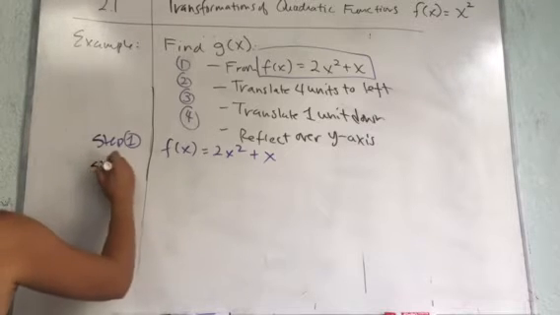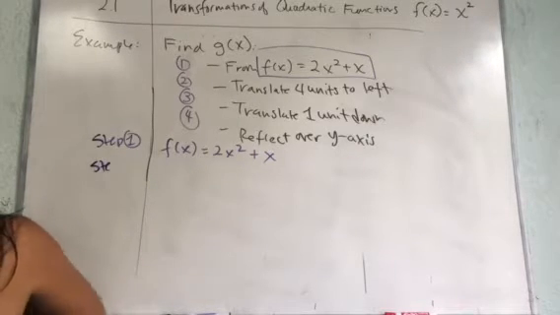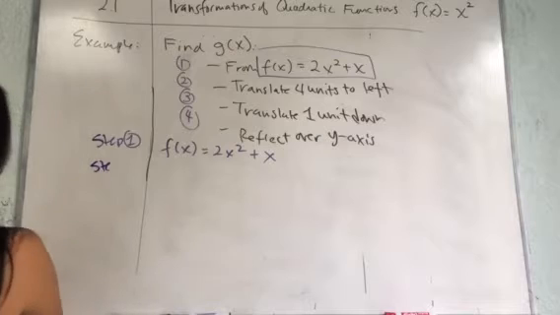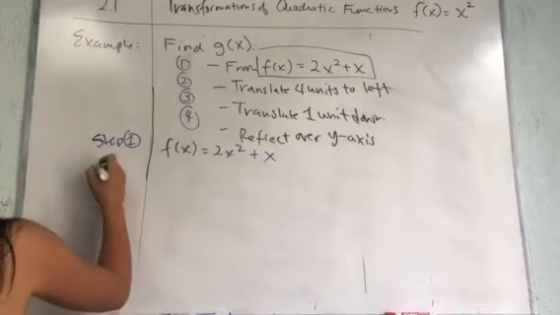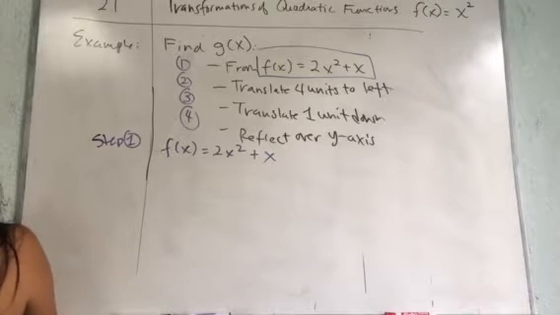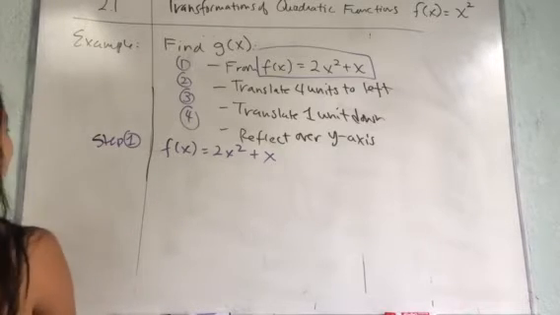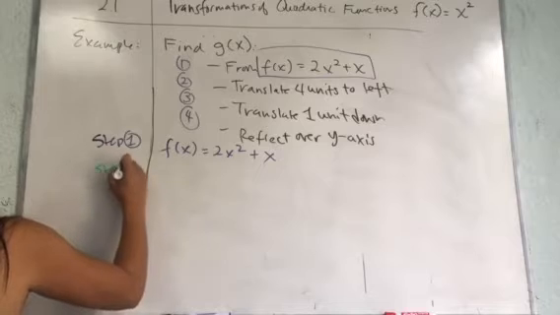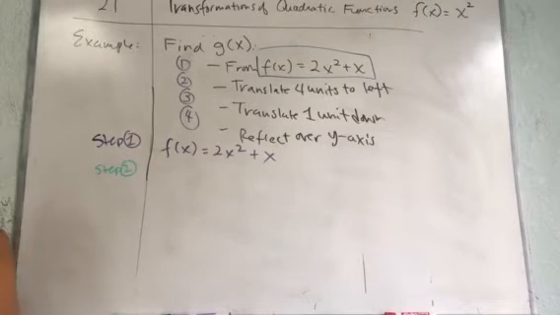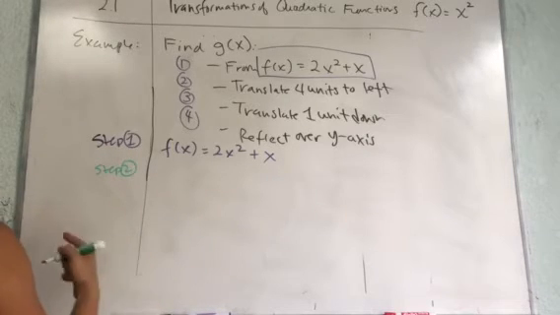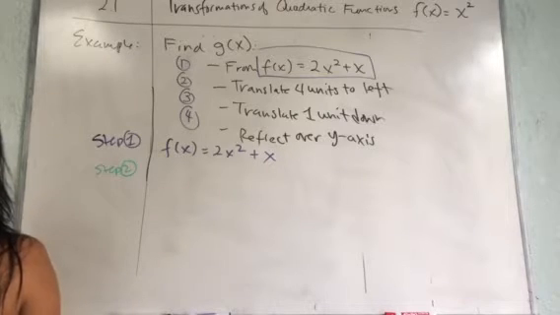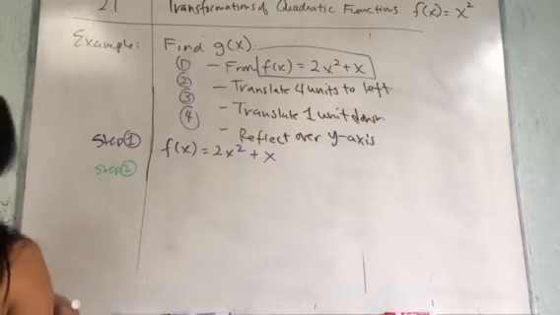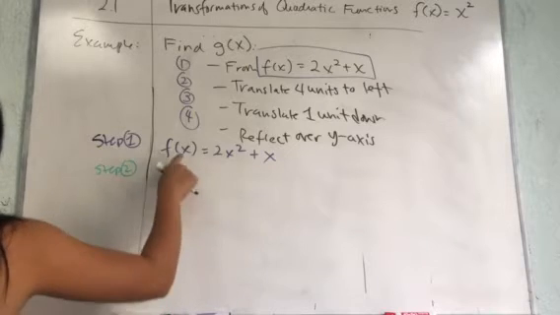Step number 2, we have to translate it 4 units to the left. If you refer to the chart that we just discussed, we're going to have to subtract 4 units next to the x.